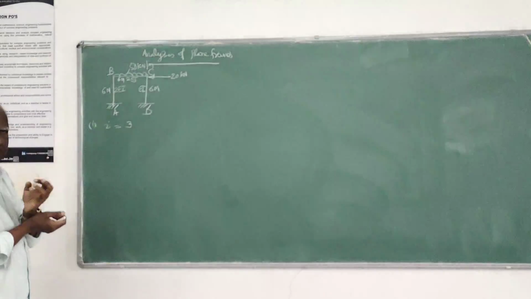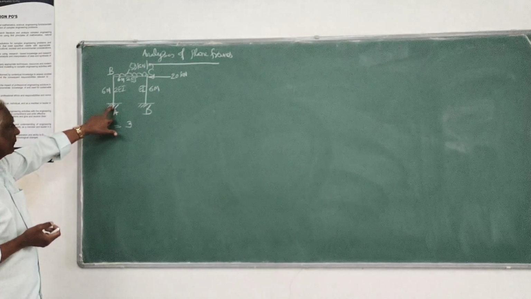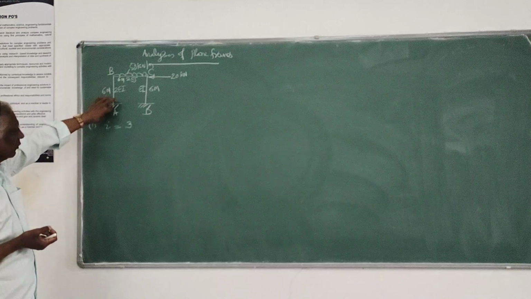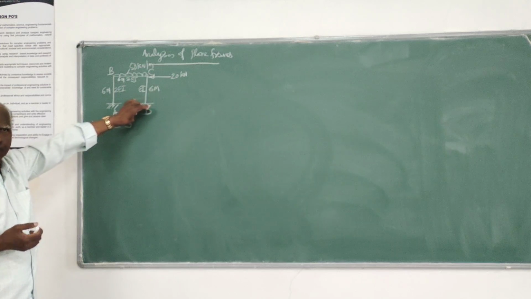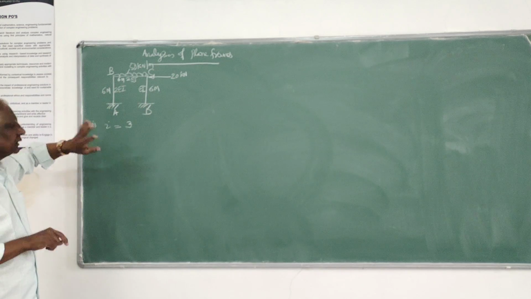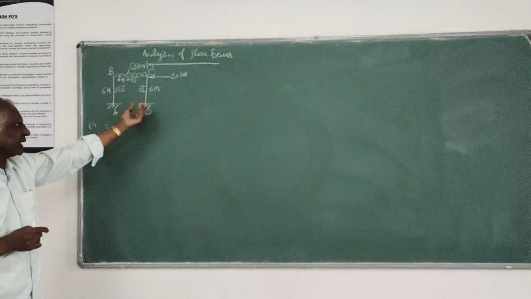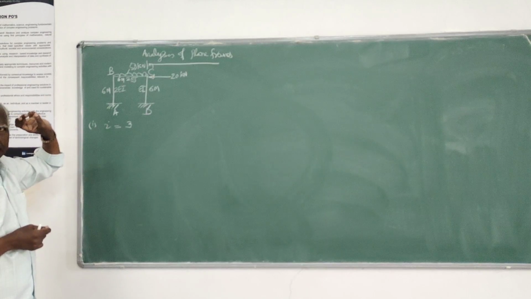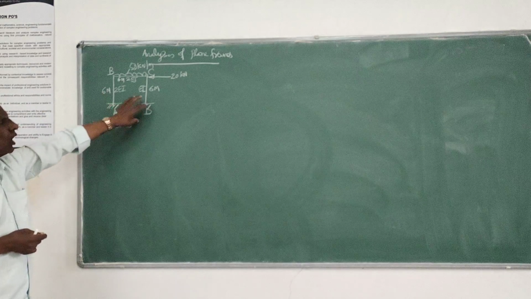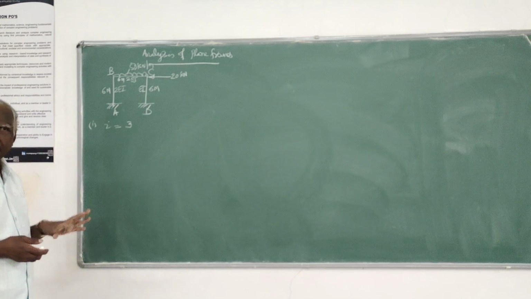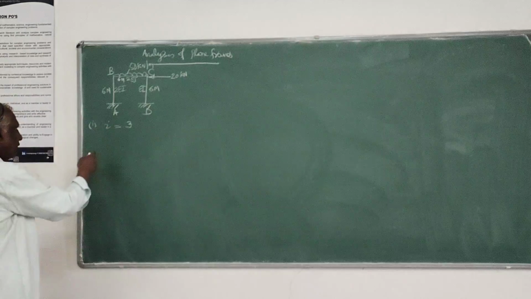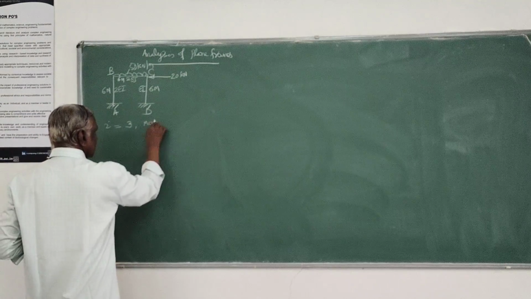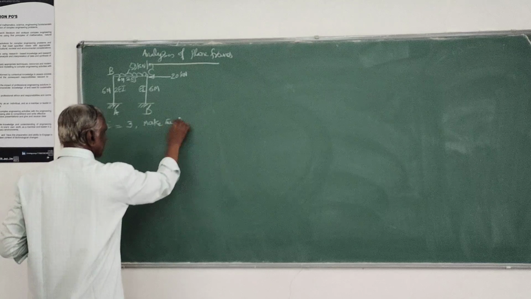So there are various ways. One way is to make this a hinge, this a roller, thereby I can remove one moment here, one moment here, and a horizontal reaction. Second way, straight away I can remove either support D or support A, thereby all the 3 reactions can be removed. So let us go for the second alternative.